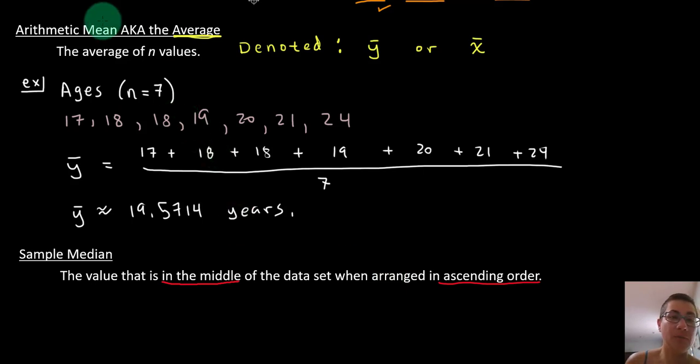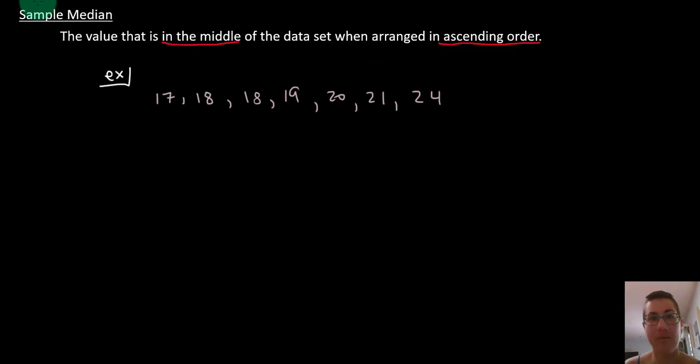Well, let's go ahead and do an example with the ages from just a moment ago. I'm going to copy and paste those. Okay, I've copy pasted the 7 ages from just a moment ago, and I already wrote them in order, so that's really nice. They're going from smallest to largest. And I want to identify the value in the middle. There's 2 ways to do this.